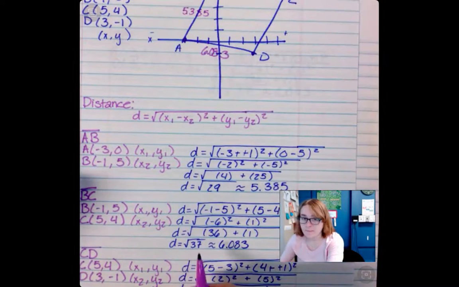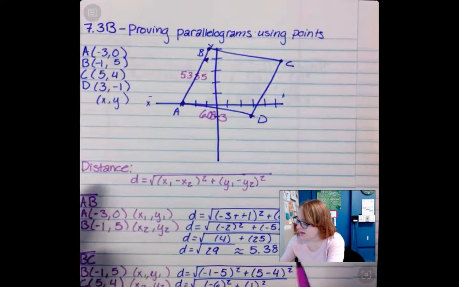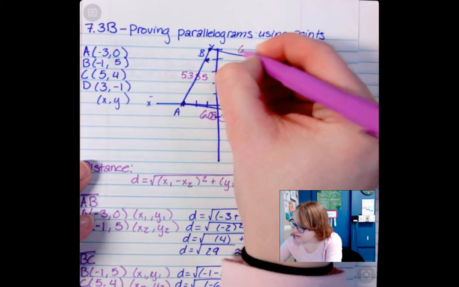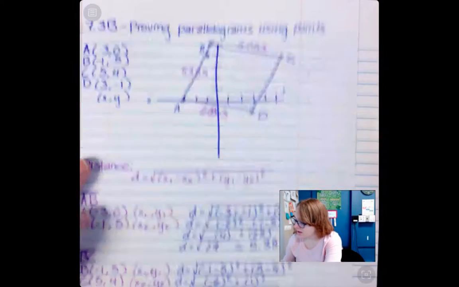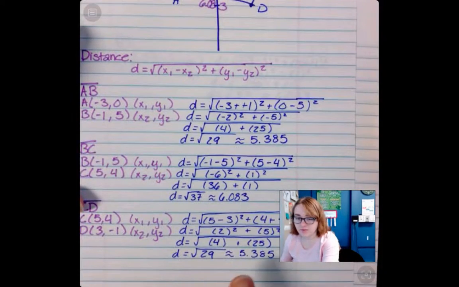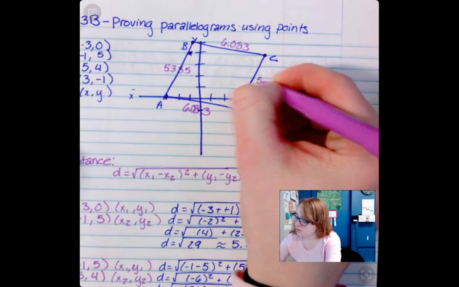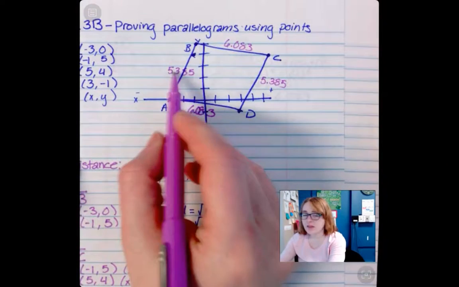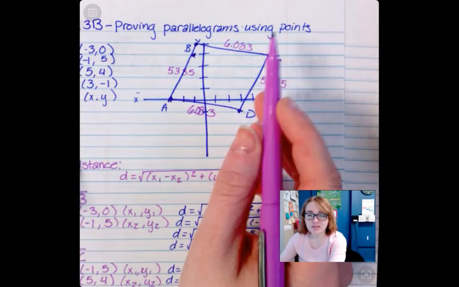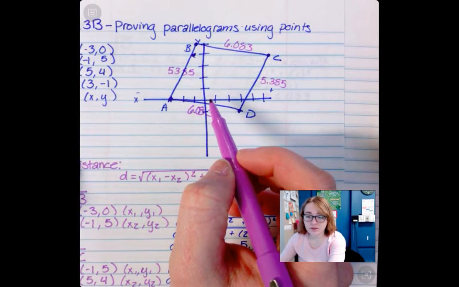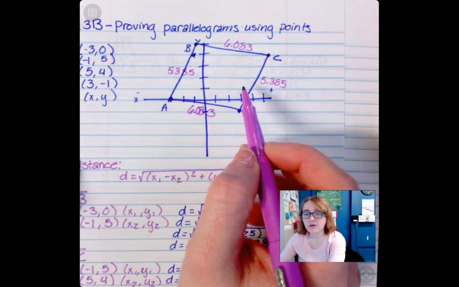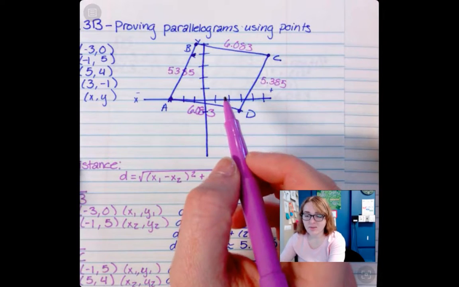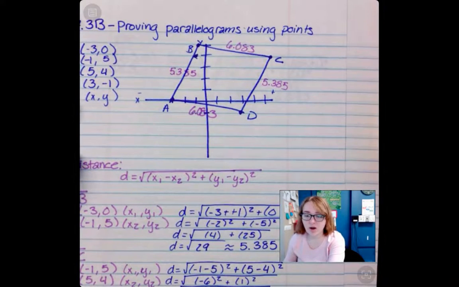B to C is 6.083. And then finally, C to D was 5.385. And now with all of this written in, we can see that the opposite sides, or the sides that do not touch, are congruent. Those segment lengths are equal. So this is a parallelogram by finding the distance between all of our segments.